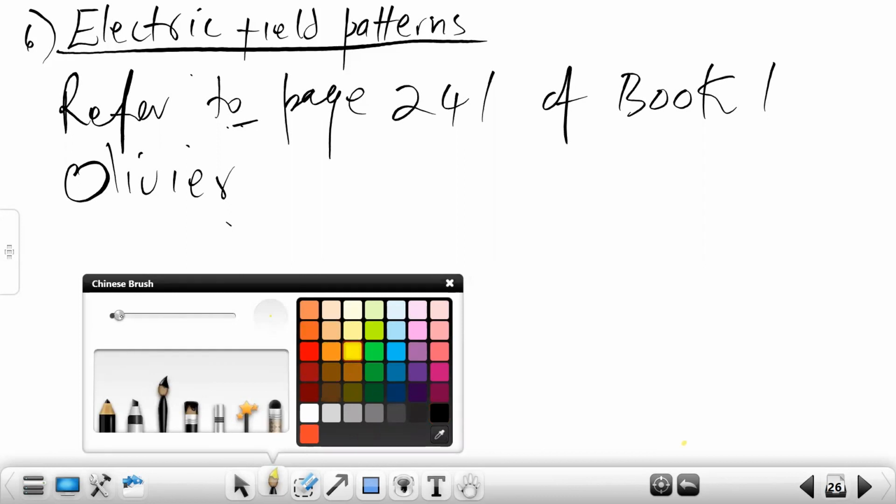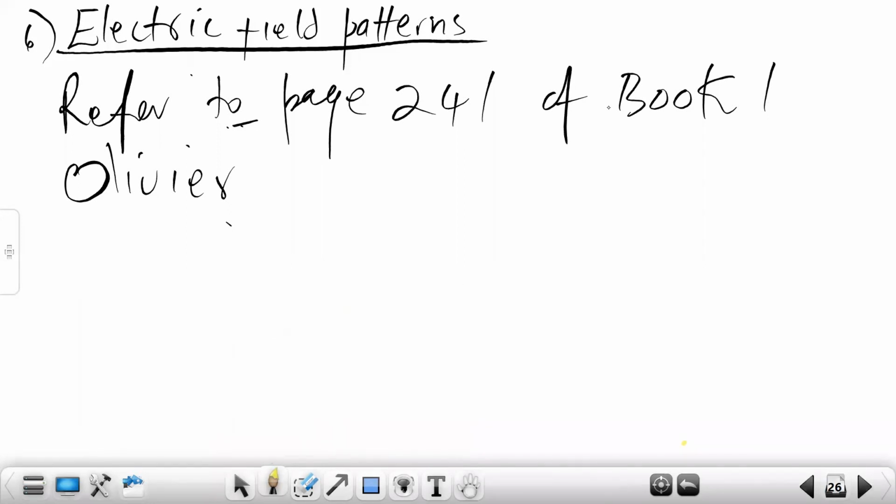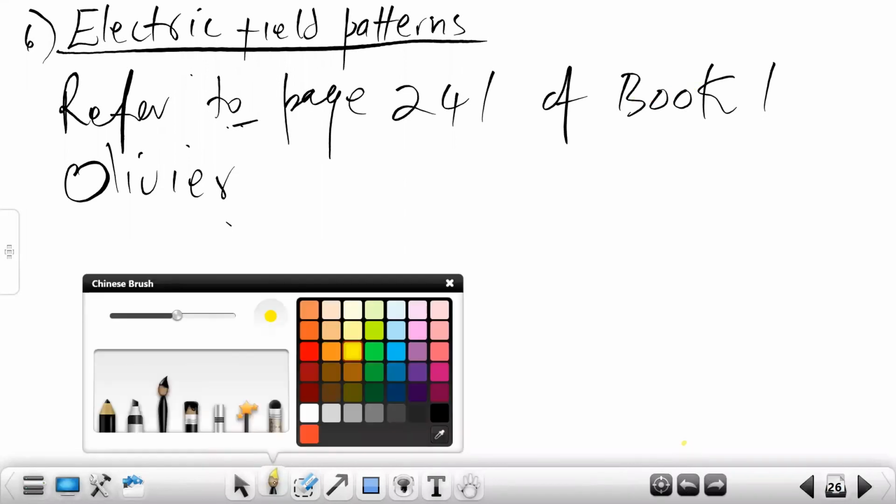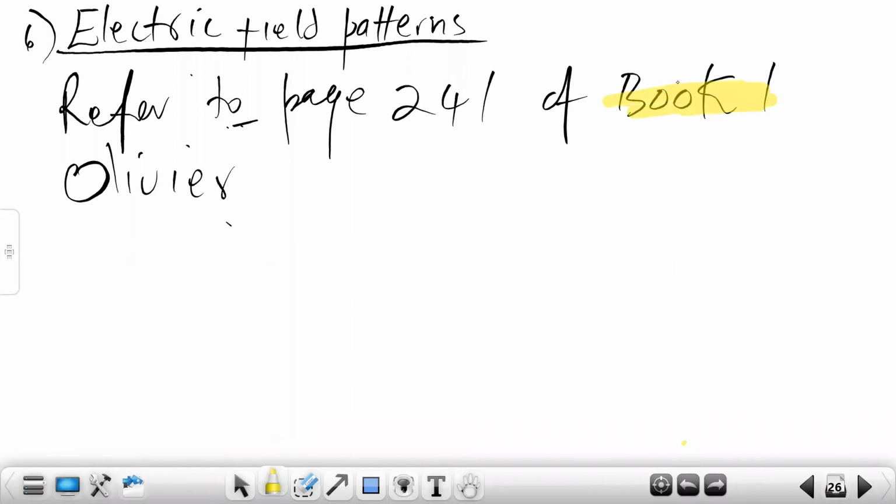It will save us a lot of time. So I'm reading from there. Properties, I'm at number 2. Properties of electric field lines.